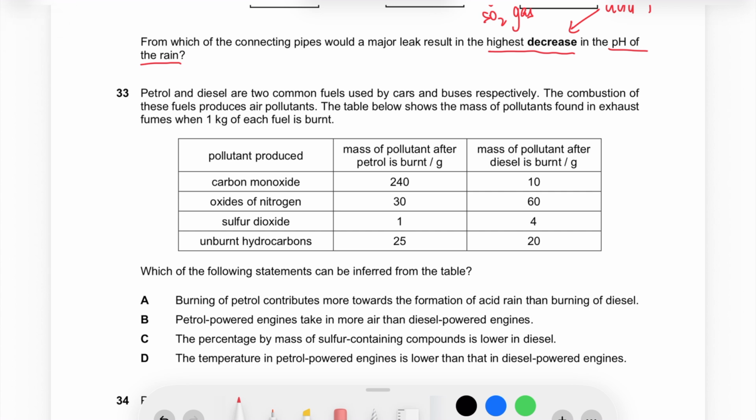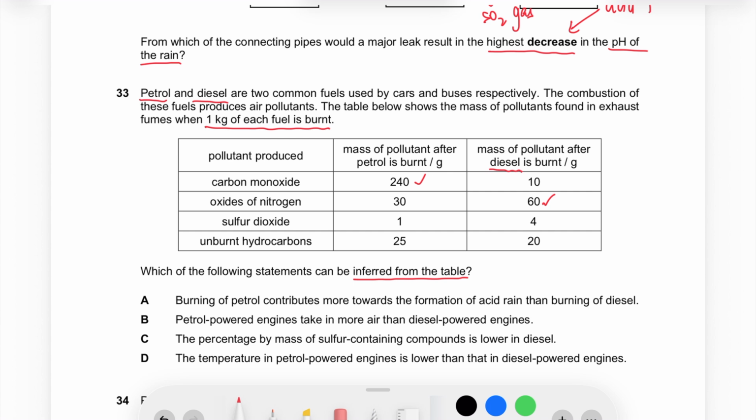33. Petrol and diesel are two common fuels. The combustion of these fuels produces air pollutants. So when you burn 1 kg of each fuel, which of the following can be inferred from the table? If you burn petrol, you produce a lot of CO, and if you burn diesel, you produce a lot of oxides of nitrogen. All right, let's look at the first one. Burning of petrol contributes more towards the formation of acid rain.